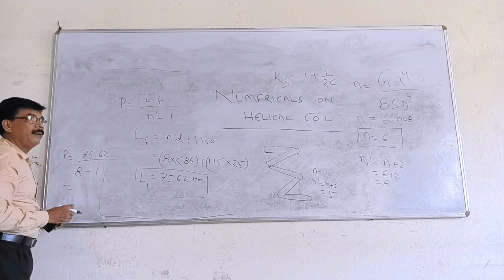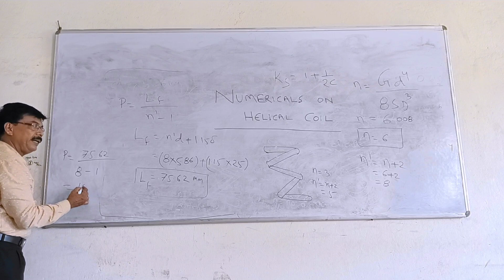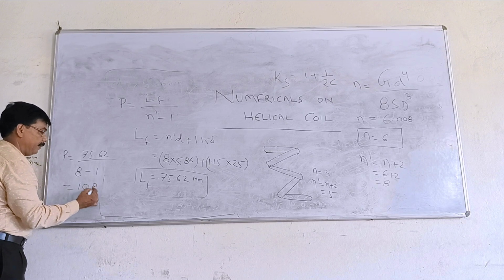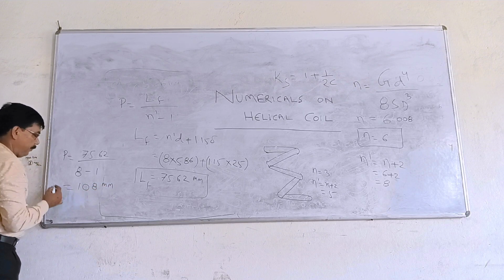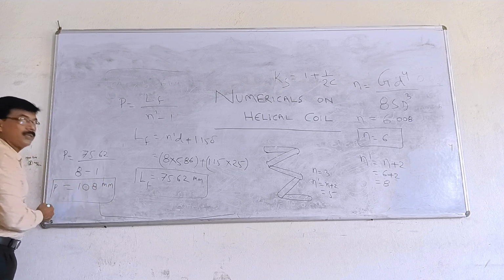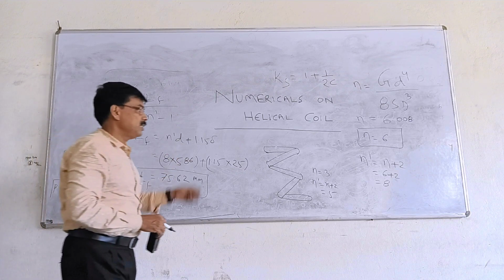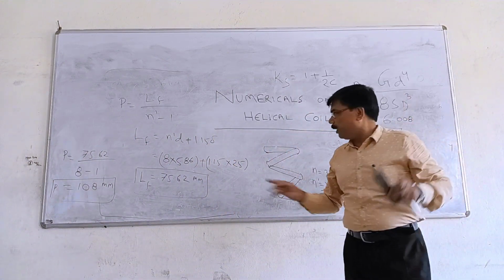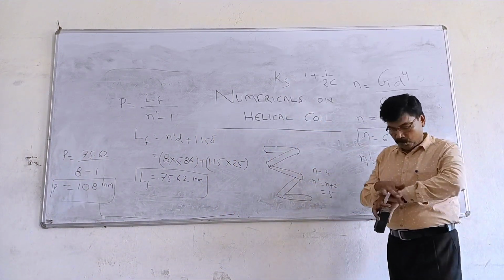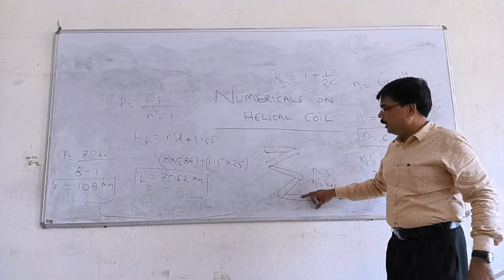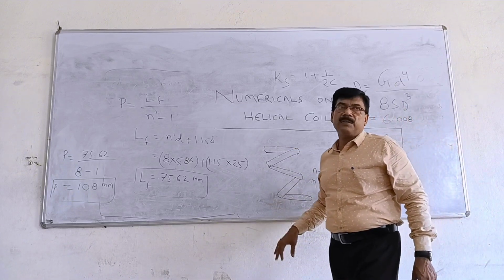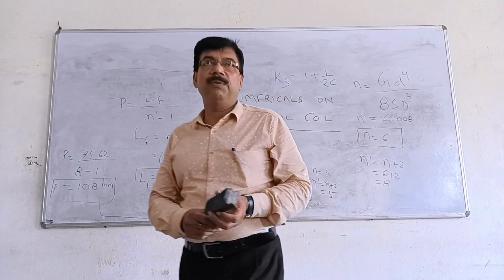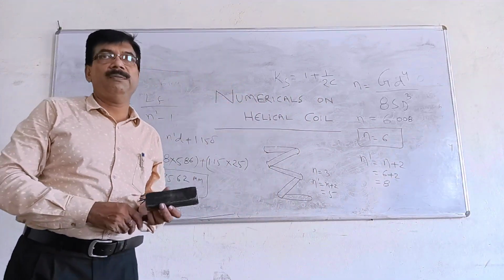That value is 10.8 mm. So these are all the parameters. Generally we are using this. Why we are using two end coils, and some of the theory, we will discuss in our next video. Okay, thank you all for watching.